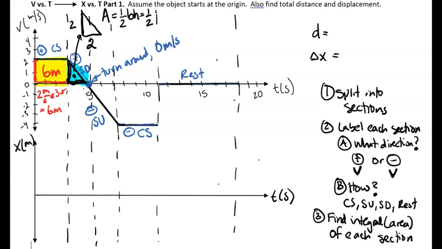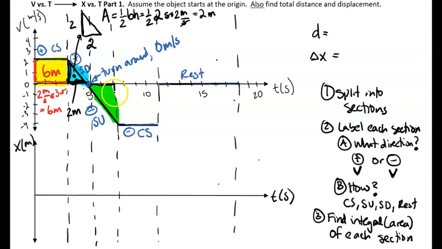So 1/2, 2 seconds is the base, and the height is 2 meters per second. The seconds cancel, and we're left with 2 meters. So this right here is just 2 meters. Perfect. Sorry, a little sloppy. So now let's look at our next section, this one right here.